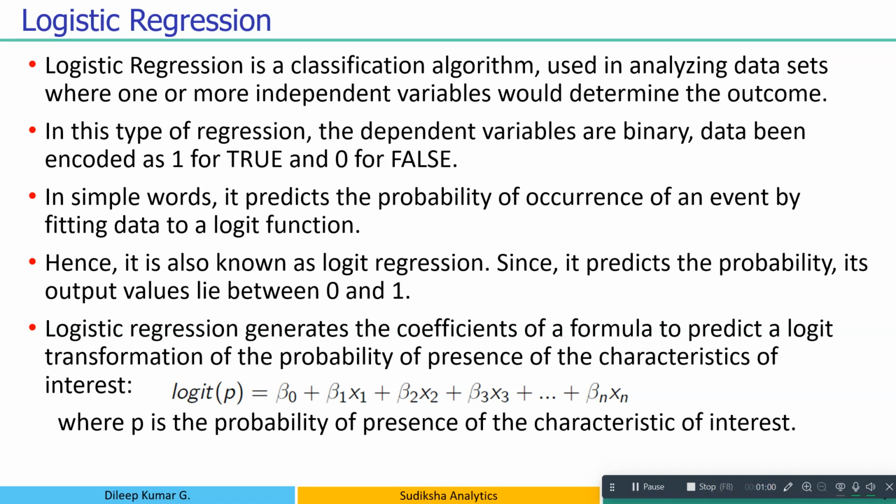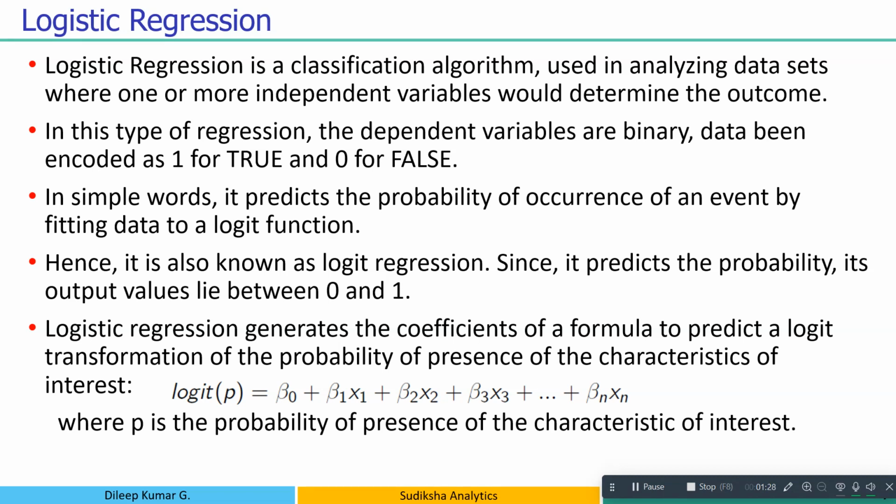The main use of logistic regression is predicting the probability of occurrence of an event by fitting data to the logistic function. The logistic function can be defined like this: logit of p, where p means probability, equals beta 0 plus beta 1 x1 plus beta 2 x2 plus beta 3 x3 and so on, up to beta n xn.